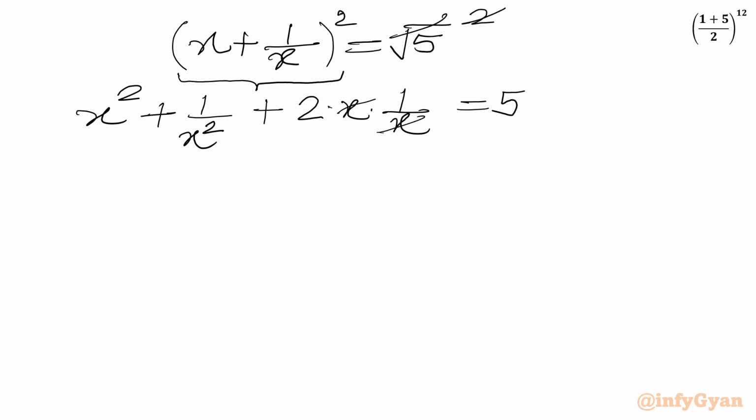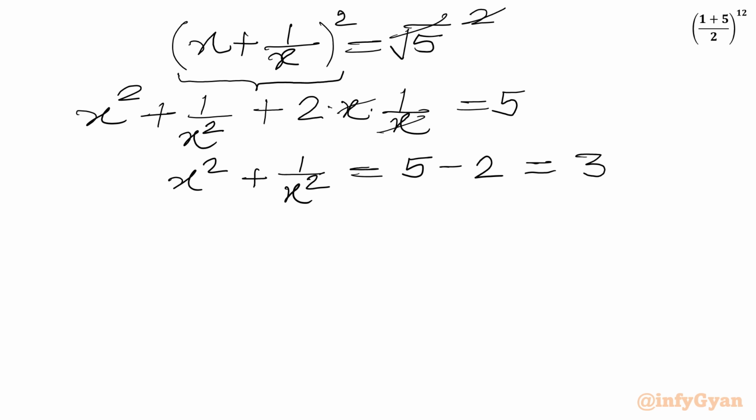Now x and x will be cancelled out. So we will get x square plus 1 over x square will be equal to 5 minus 2, which is equal to 3. I will write here x square plus 1 over x square equal to 3.